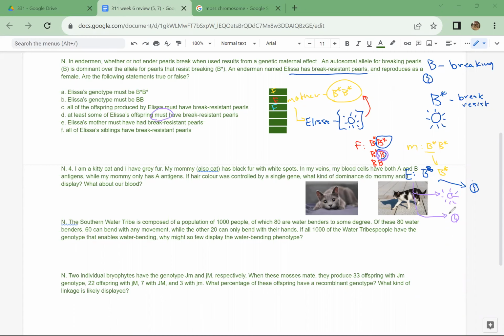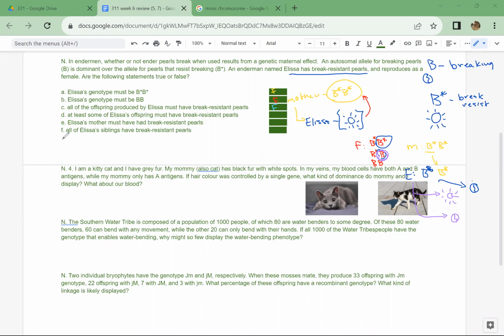Oh yeah, I guess I don't have to move on to E first. So if we know that the genetic maternal effect is, actually, no, I want to answer F first.